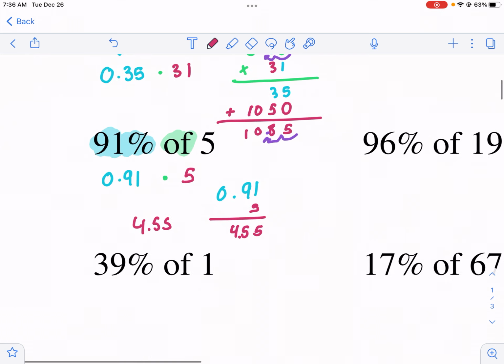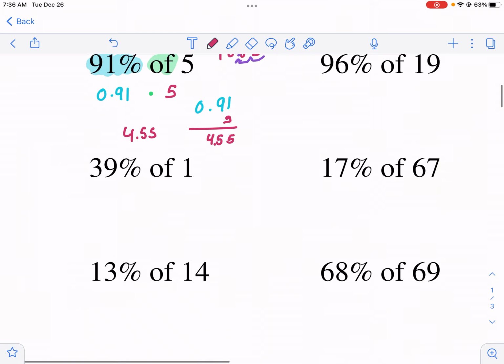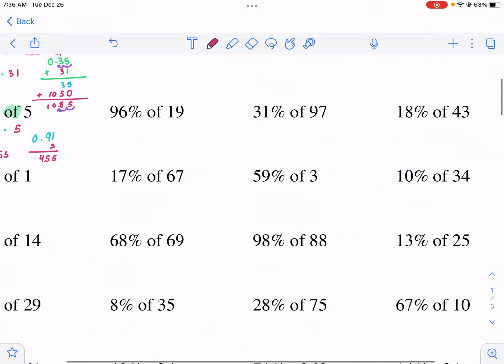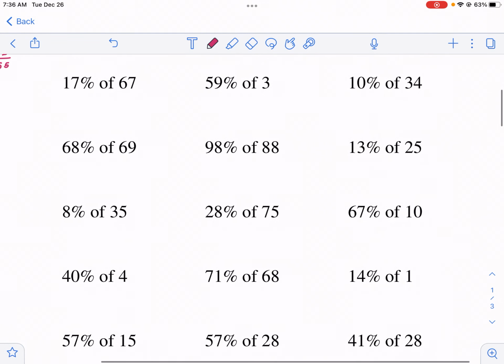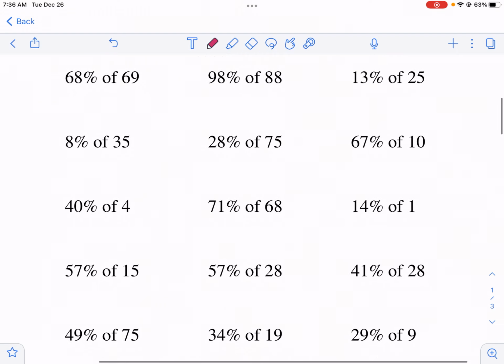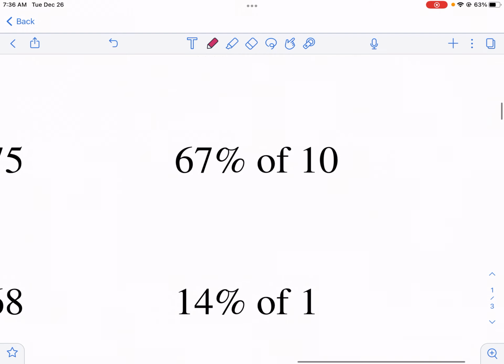Now, there's some kind of cool math tricks that you can use, especially when you have a nice number. I'm going to see if there's any good ones here. Yeah, there is. Okay, so over here, 67% of 10. What you can do, because this can be rewritten as 67 over 100 times 10, what some people like to do is they like to shift this over 100 over here.